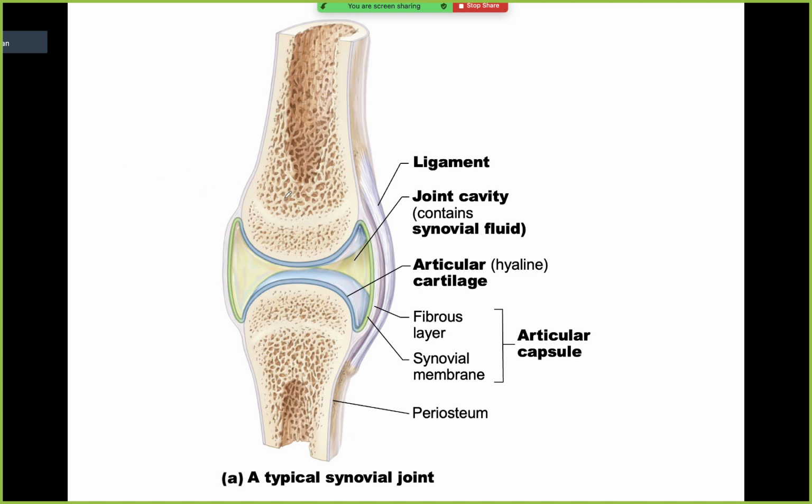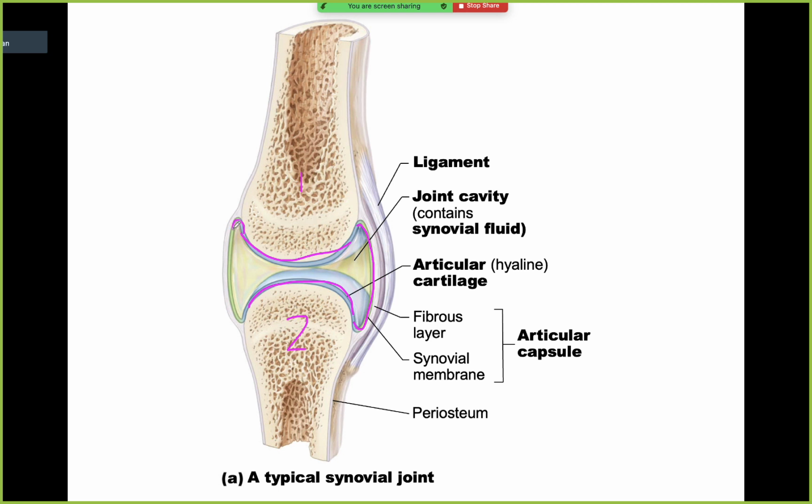So, synovial joint, bone 1, bone 2. On top of each bone, you're going to have this blue piece of cartilage called articular cartilage. So that is articular cartilage and articular cartilage. Connecting the pieces of articular cartilage in green, you have what's called a synovial membrane.